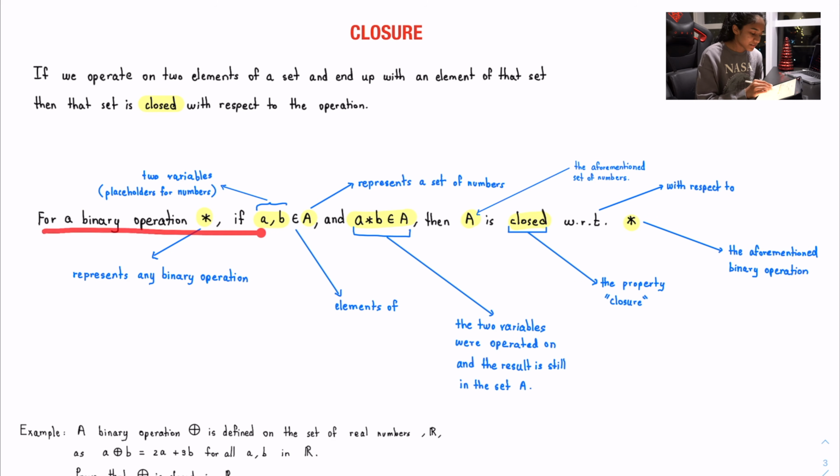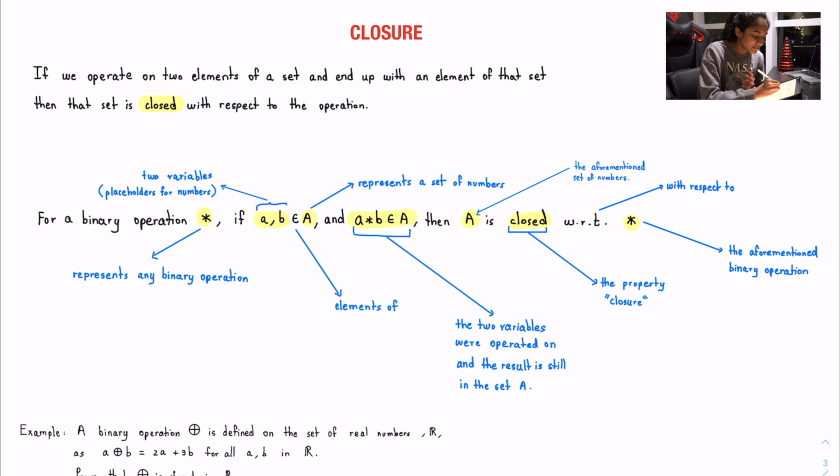So this is the more technical term. For a binary operation star, if a, b are elements of A, which is a set, so we could put real numbers, and a star b are elements of A, meaning the operation.